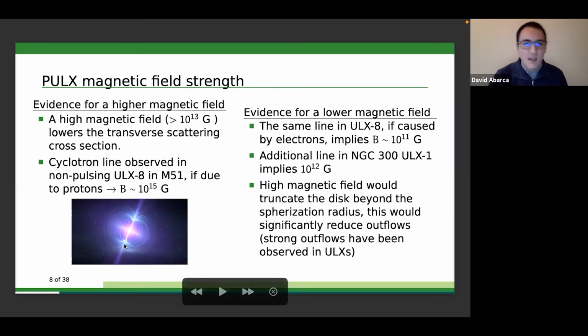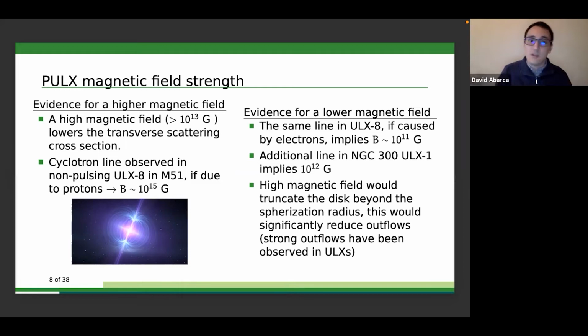What happens is that the electron scattering cross-section gets lowered in strong magnetic fields in directions orthogonal to the field, so that you would have nearly isotropic radiation. So you would have to extract a lot of energy from the gas, because all of a sudden the gas falls into the magnetic field and becomes optically thin.